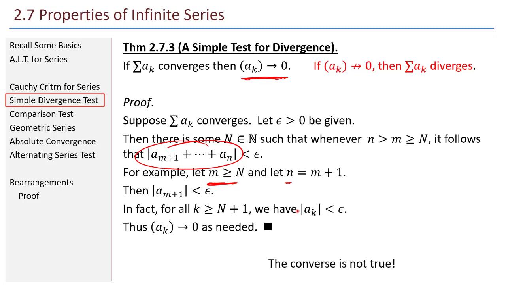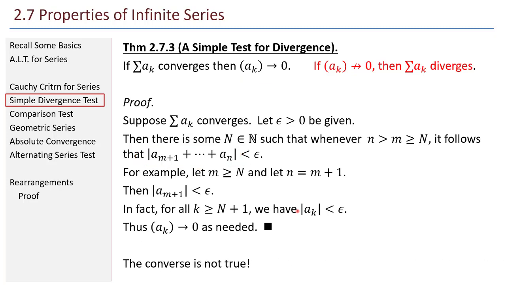One big warning. The converse of this theorem is not true, right? The theorem says that if the series converges, then the terms diminish to 0. But what do we know? We've seen something like 1 plus a half plus a third plus a fourth. Here's our harmonic series.